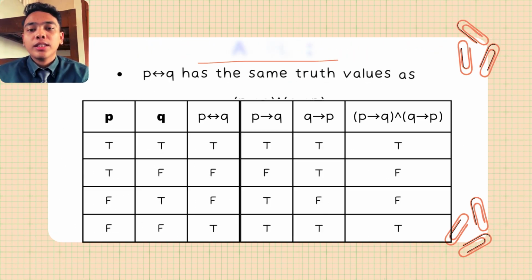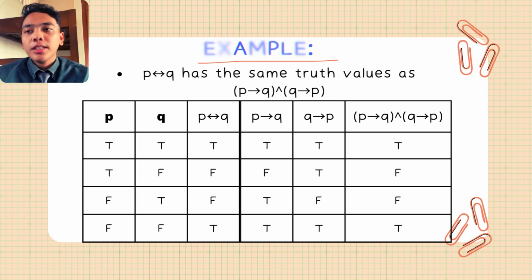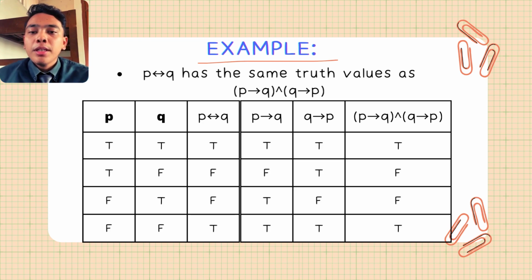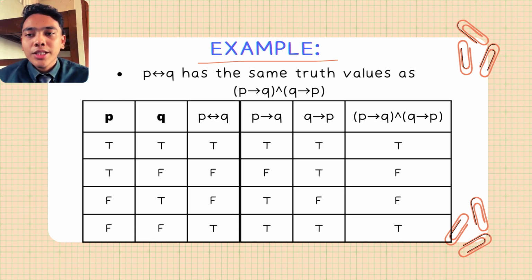Okay, let's have a look at an example. The example says that P if and only if Q has the same truth value as P implies Q and Q implies P. P holds true, true, false, false, and Q holds true, false, true, false. P if and only if Q becomes true, false, false, true, P implies Q becomes true, false, true, true, and Q implies P becomes true, true, false, true.